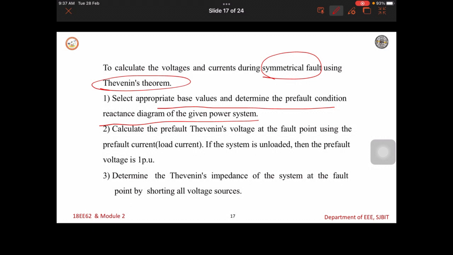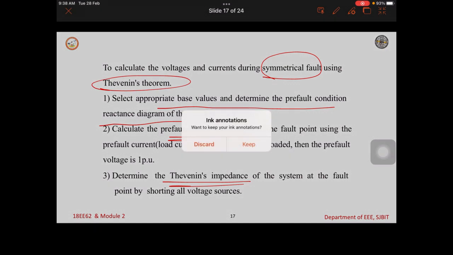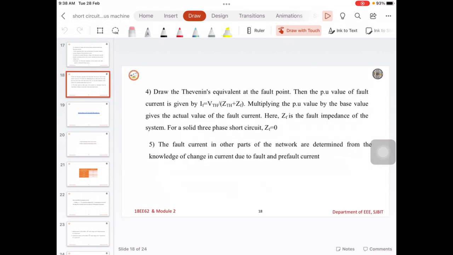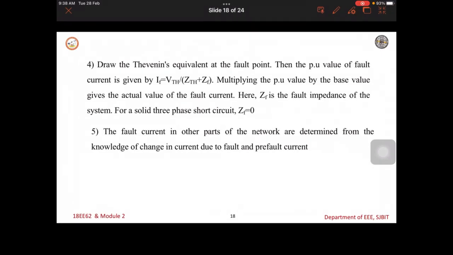Thereafter, at the fault point, we have to find the Thevenin's voltage, that is, the open circuit voltage at the terminals, and then replace the fault point with the Thevenin's equivalent. The equivalent impedance at that fault point, the Thevenin's impedance, is also required.